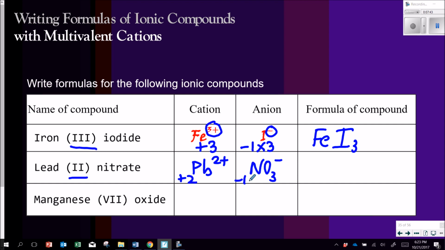So we have to multiply nitrate by 2 to make it balance the lead. So my final formula will be 1 lead for every 2 nitrates. So I put it in a parentheses, close the parentheses, 2 nitrates.